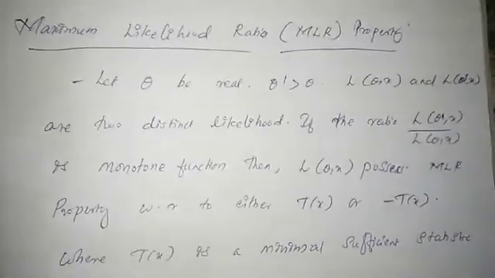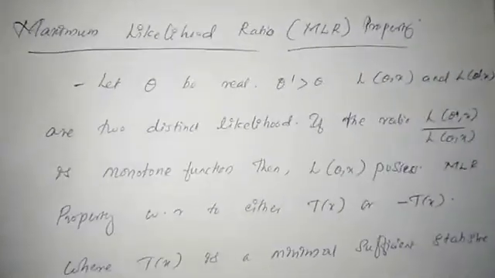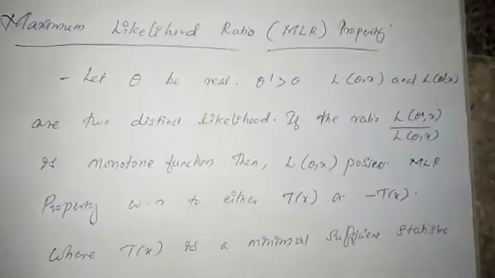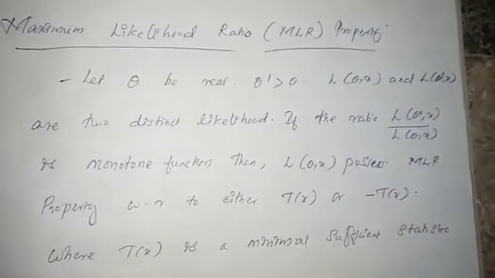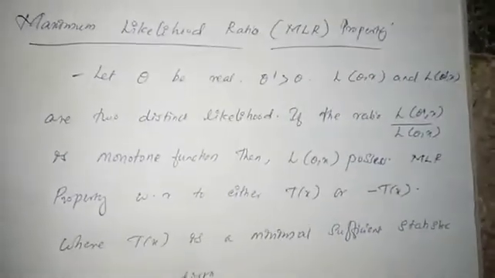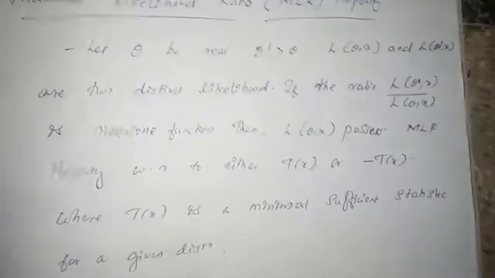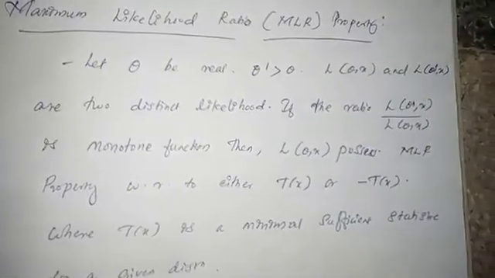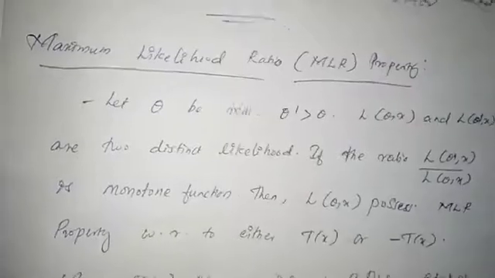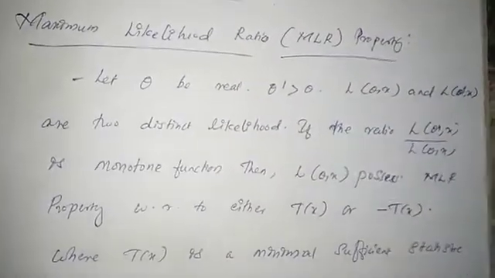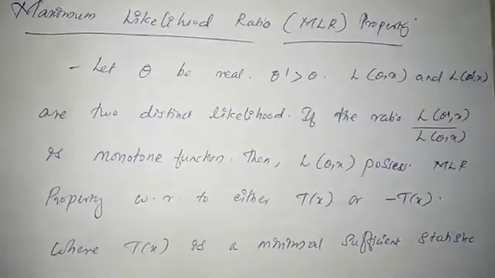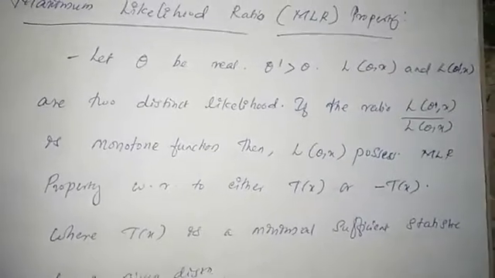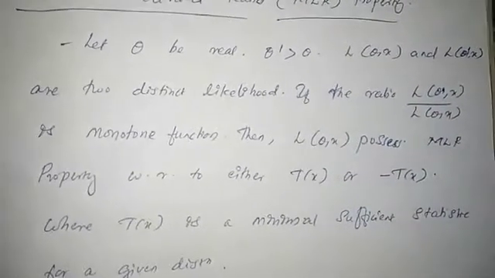Today we will discuss another topic, that is the maximum likelihood ratio property, MLR property. Let theta be real, theta dash is greater than theta, and likelihood L theta x and L theta dash x are two distinct likelihoods.